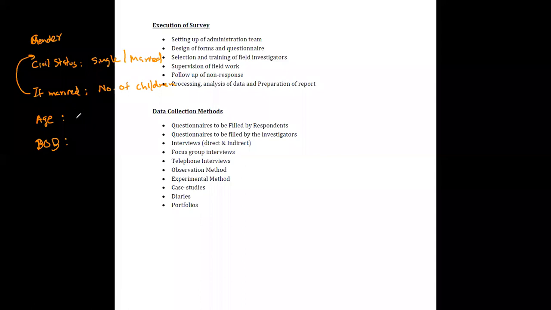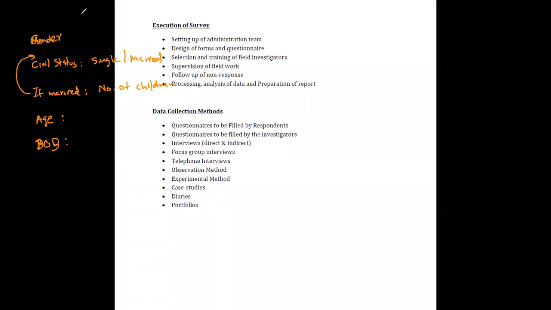Suppose the survey is running from 2020 to 2022, simply taking this COVID situation. Rather than asking about the age of that person, it is better to take the date of birth.